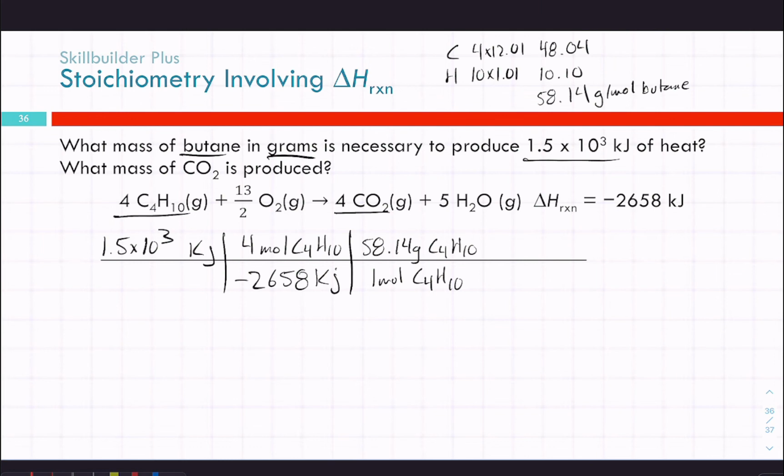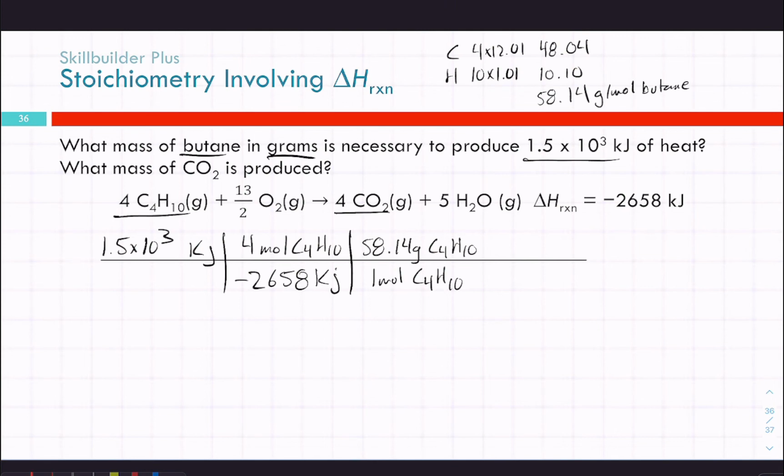Cool, and we can solve that. 1.5 times 10 to the 3 times 4 times 58.14 divided by a negative, oh, I guess the negative doesn't actually matter here.